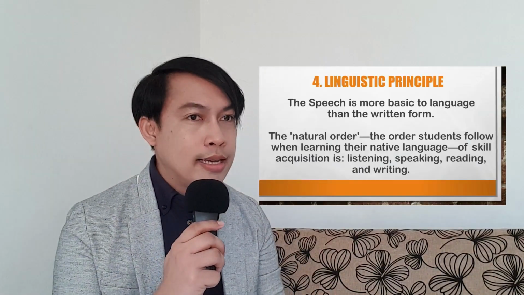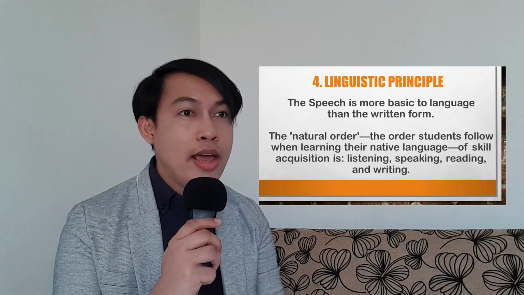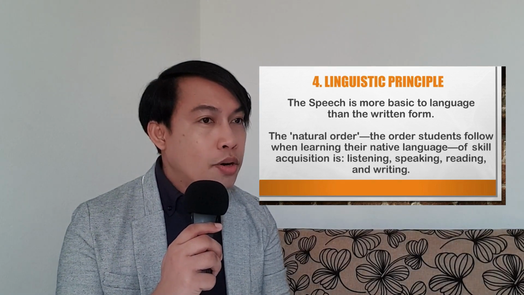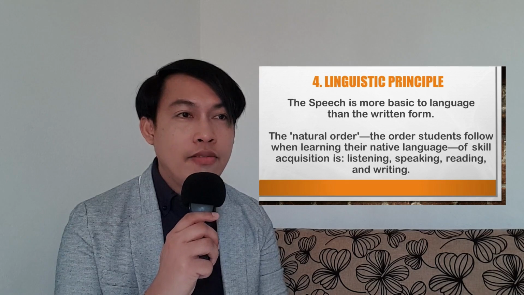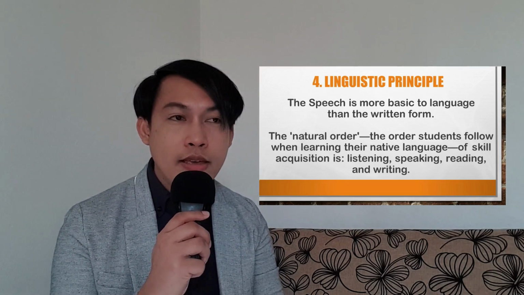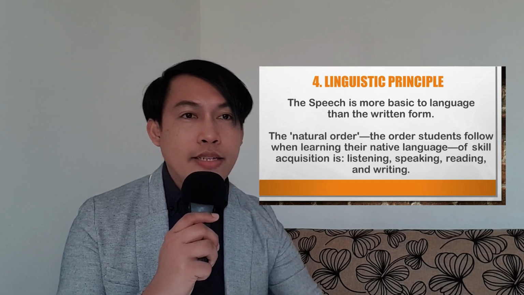The fourth principle talks about the natural order of how we learn the foreign language. The speech is more basic to language than a written form. The natural order, the order students follow when learning the native language of skill acquisition is listening, speaking, reading, and writing.